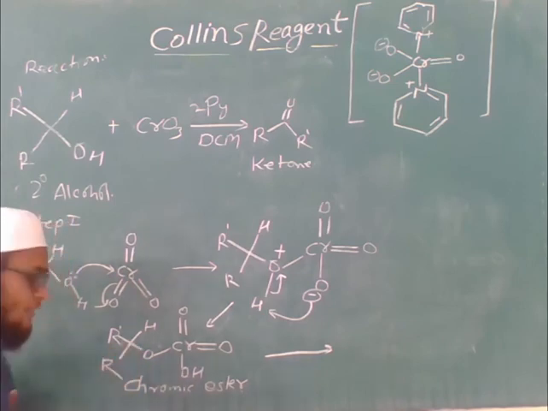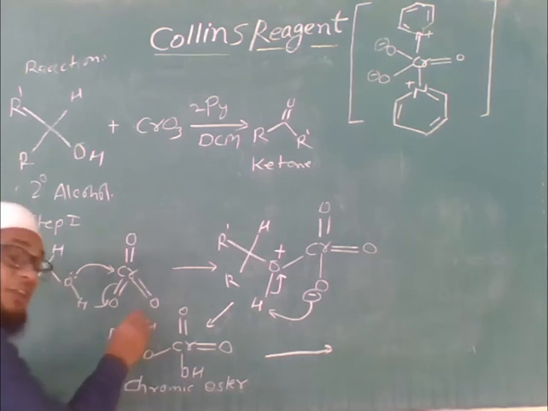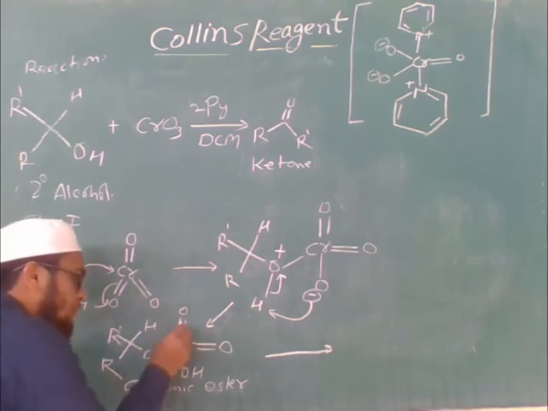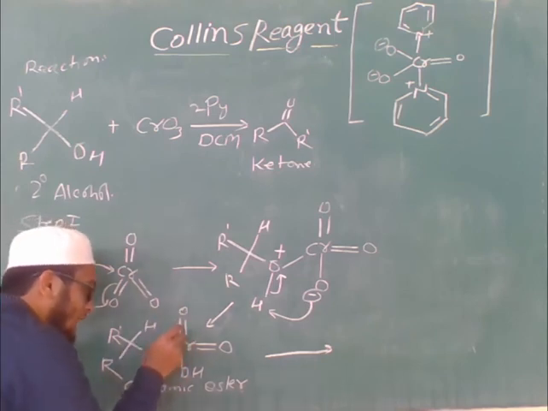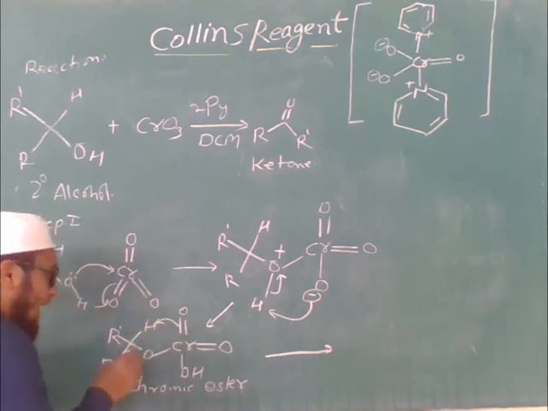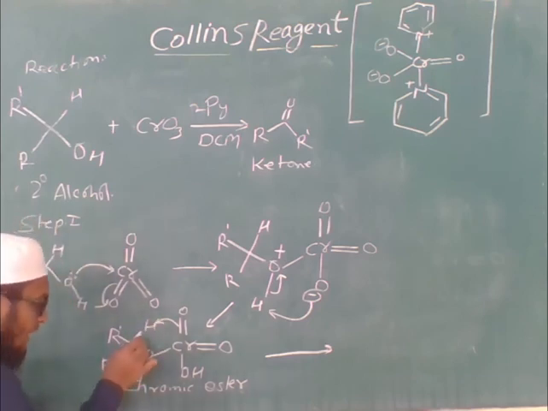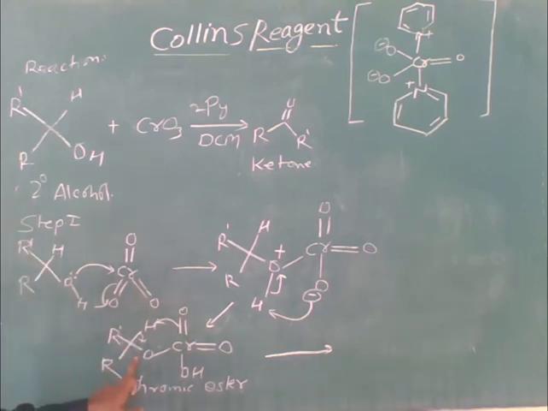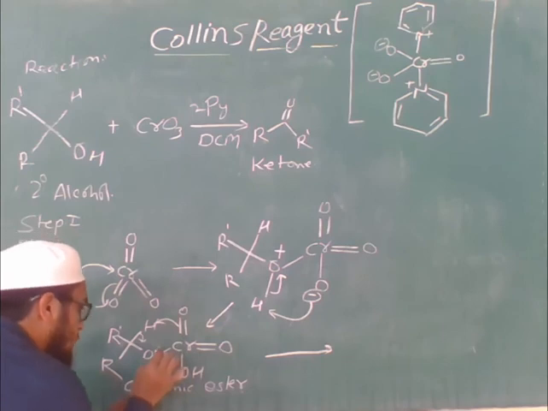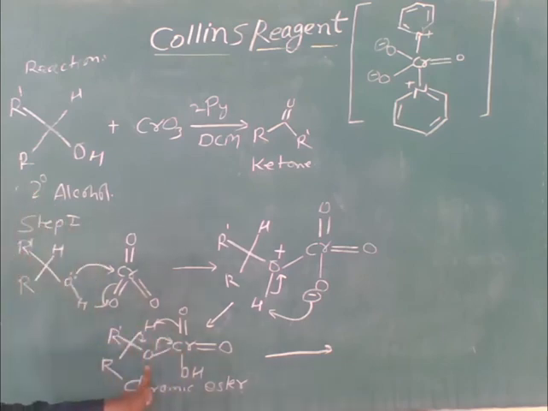Removal of alpha hydrogen. This carbon is the alpha carbon. This hydrogen is the alpha hydrogen. So this chromium-oxygen double bond will attack this hydrogen, and the carbon-hydrogen bond electrons will shift towards the carbon-oxygen bond to make a carbonyl group. This chromium-oxygen bond electrons will move towards chromium.